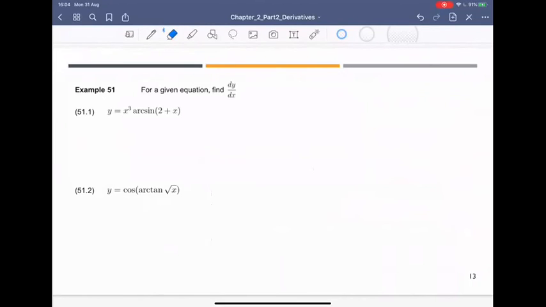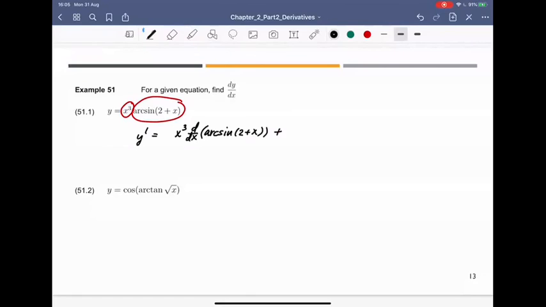So let's start by looking at example 51. We're going to practice how to differentiate using inverse trigonometric functions. This is the product rule. So y prime equals x cubed times the derivative of arc sine of 2 plus x, plus arc sine times the derivative of x cubed.